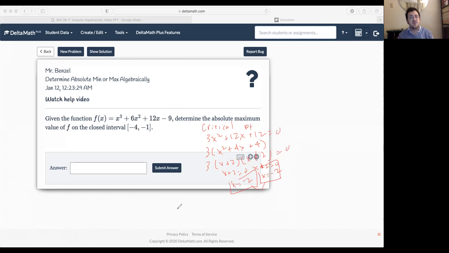And it's asking for the absolute maximum. Now, what I would do here is just do an f of x table. So I'll look at -4. This is my endpoint. Then I look at my critical point. So I look at all the critical points, and then I look at my other endpoint.